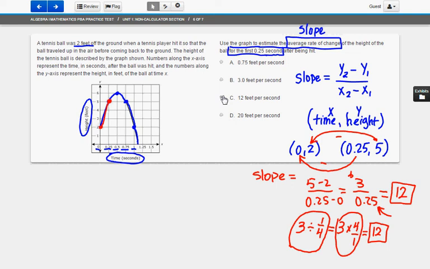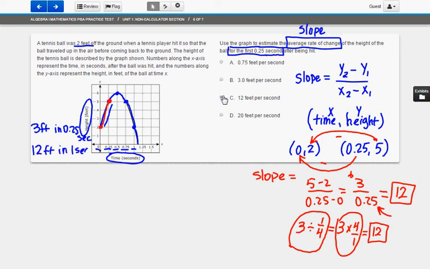I was going to say one more thing about this. Again, if you consider the fact that in this graph, we increased 3 feet in 0.25 seconds, then it makes sense that it would be 12 feet in 1 second.